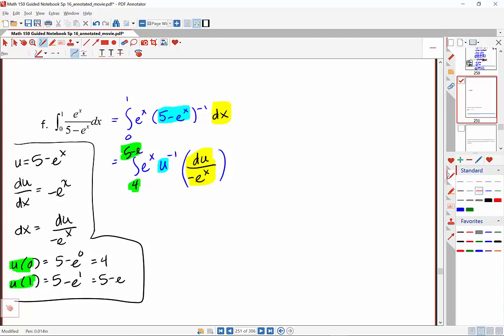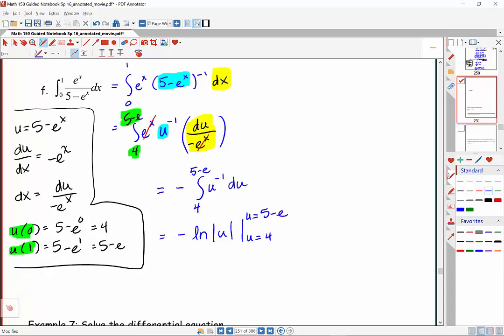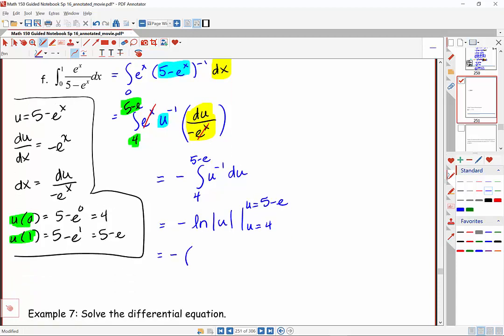So again, fortunately, this e to the x divides out. We're going to have everything in terms of u. So this will end up being negative integral from 4 to 5 minus e of u to the minus 1 du, which is negative natural log absolute u, evaluated from u equals 4 to u equals 5 minus e. So I'll factor out that negative, and we'll have natural log absolute 5 minus e minus natural log absolute 4.